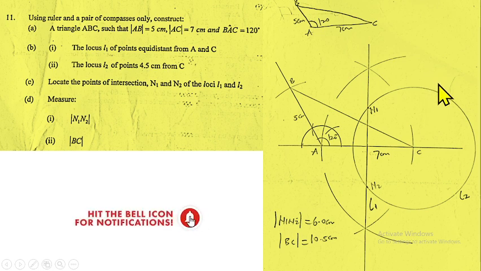So put the pin at the 0 and extend the compass to 7 centimeter. Then put the pin of your compass on the line, and make an arc here with the radius you have measured, 7 centimeter.